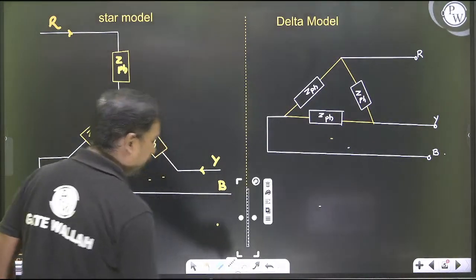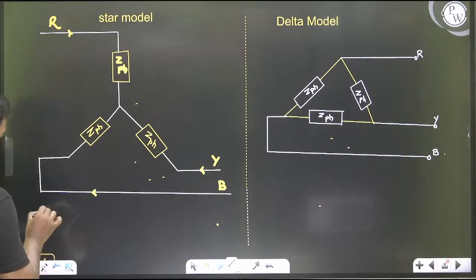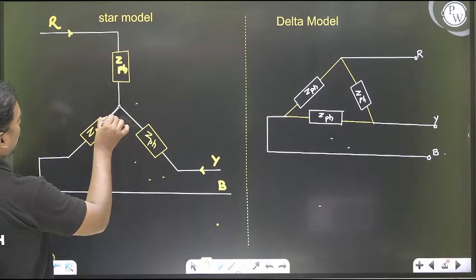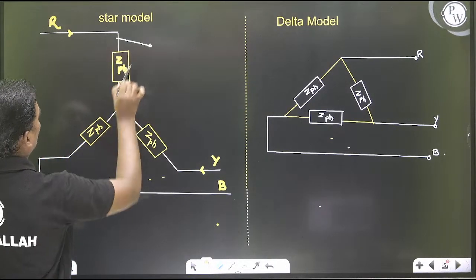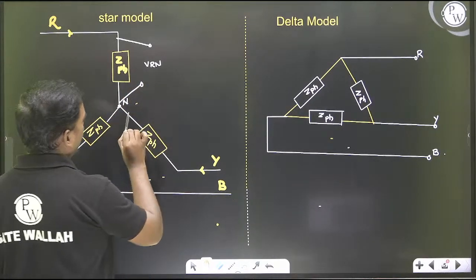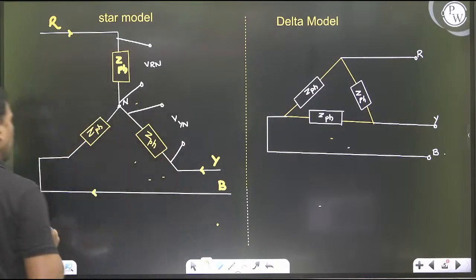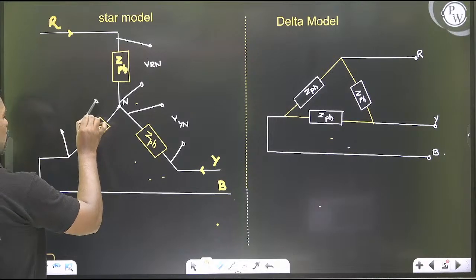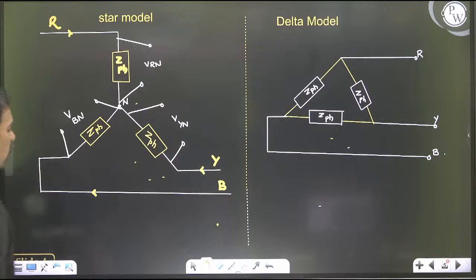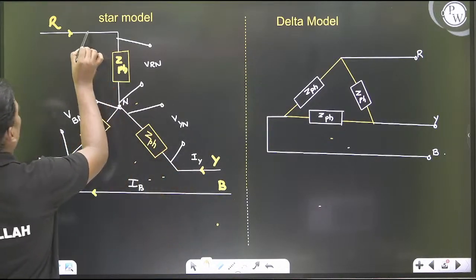So if you see for star model, what are the basic features? For star model, the line current and the phase currents both are same. Suppose you take this as neutral, so this is going to be the VRN, this voltage is going to be the VYN, and this voltage is going to be the VBN. Okay, and these currents, this is the IB, this is the IY, this is the IR.